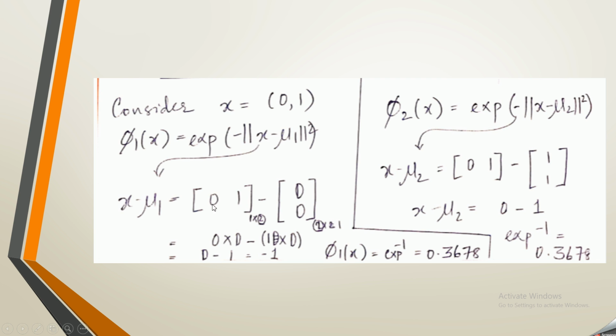We are basically getting 0 into 0 minus 1 into 0. So 0 into 0 is 0, minus 1, and you get the answer to be minus 1. So the exponent of minus 1 is nothing but 0.3678.